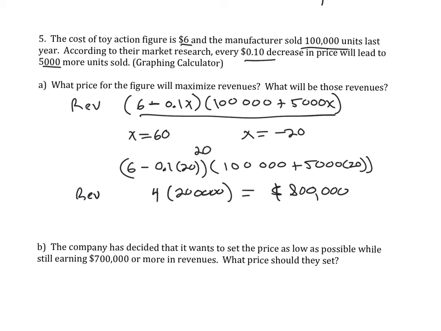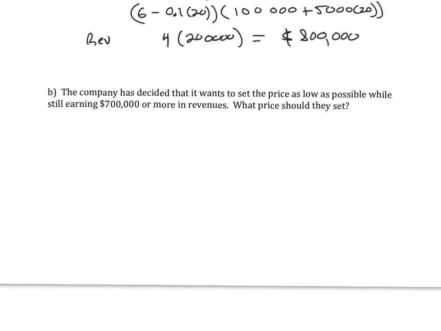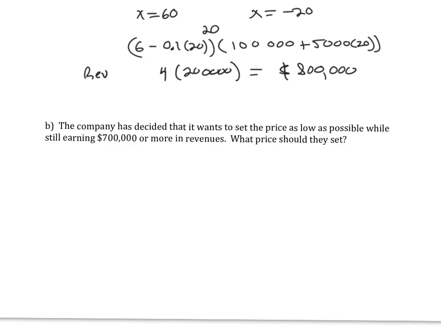Okay. Now for our next, we're saying, all right, the company decides it wants to set the price as low as possible while still earning 700,000 or more in revenues. What price should they set? All right, what that means is on your graphing calculator, in Y1 you would graph your quadratic for the revenues, which would be 6 minus 0.1x times 100,000 plus 5,000x.